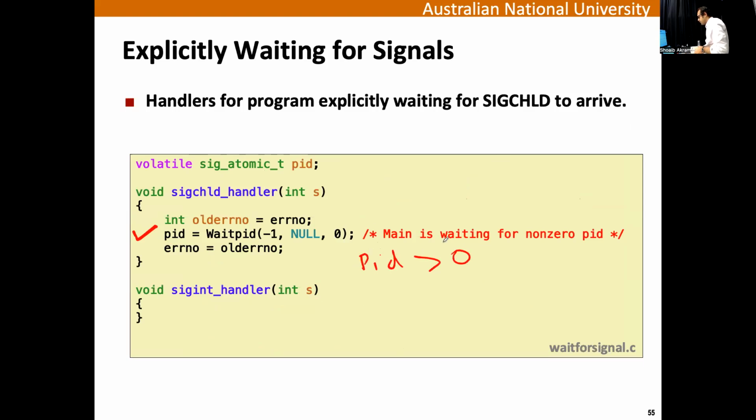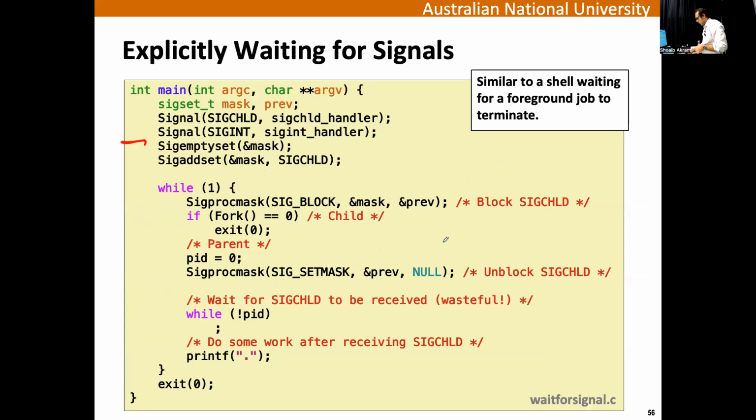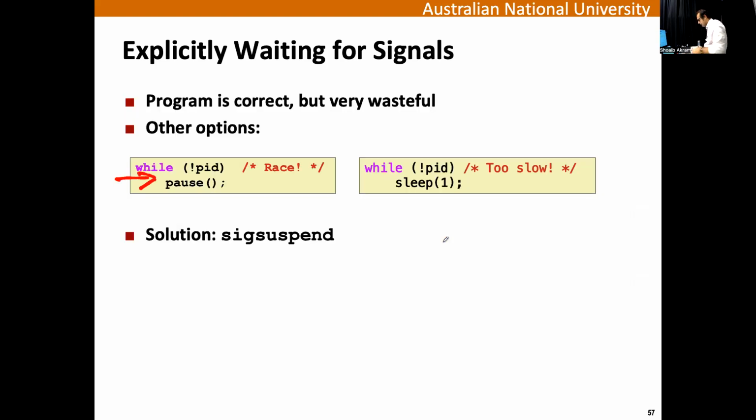PID will be greater than 0. And when you return, you execute the next statement in program order. You execute pause. And at this point, there is no one to wake you up. You only wake up when there's a signal, but the signal has already been delivered and you already ran the handler. Now you might be tempted to do this.